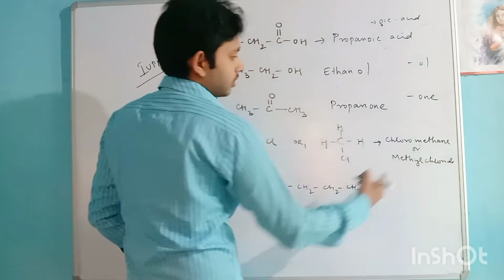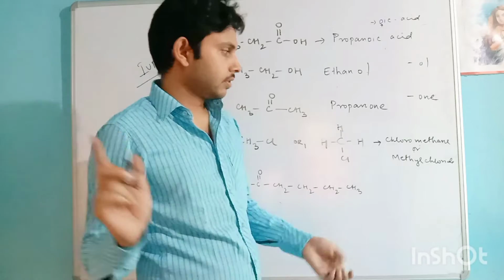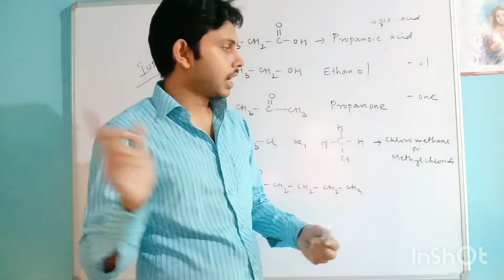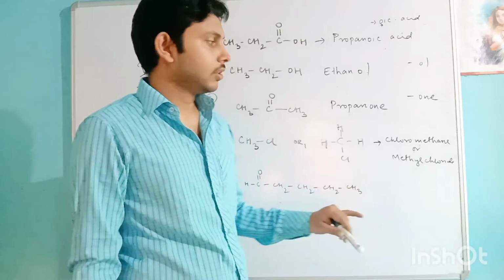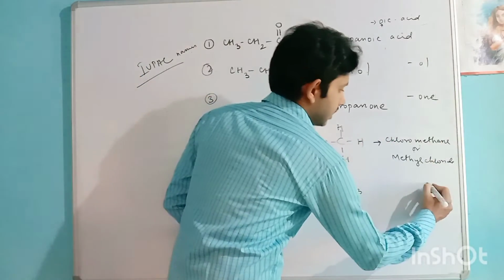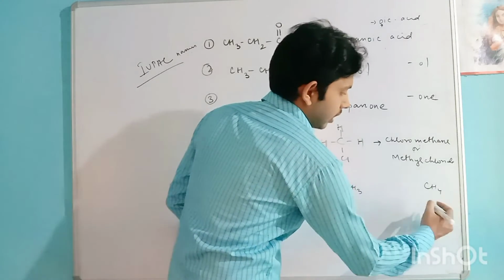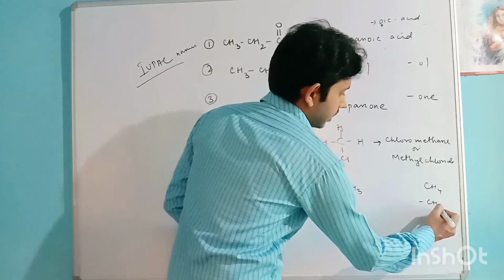Now why did I write methane? A few minutes earlier I was talking about what the alkyl group R is. Suppose this is CH4, methane. When we remove one hydrogen, it will become CH3.